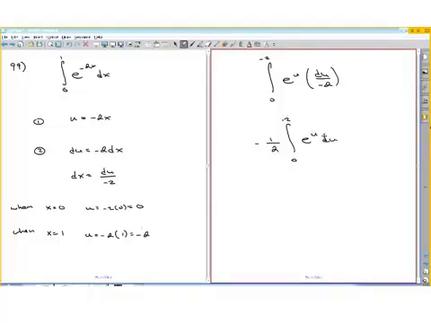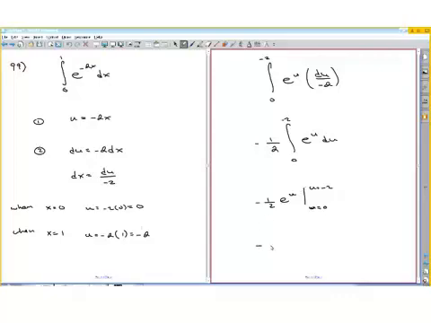Okay, so this is the formula that we're looking for. The integral is negative 1/2 e to the u, and we evaluate that from u equals 0 to u equals negative 2. You don't really need to put the u's in there. I'm just doing that to emphasize that we changed the variables.